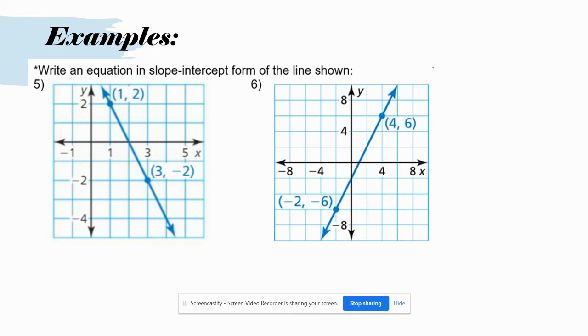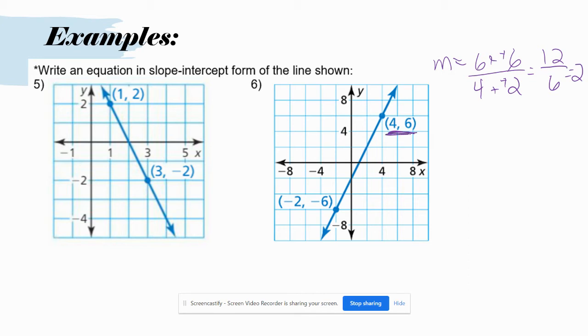Number 6, start with finding our slope. So 6 minus negative 6 over 4 minus negative 2. Add the opposite. 6 plus 6 is 12. 4 plus 2 is 6. 12 over 6 is 2. So our slope is 2.